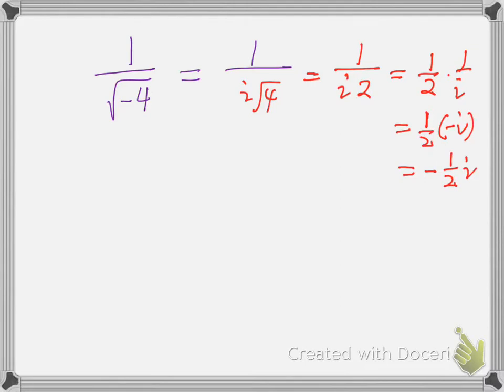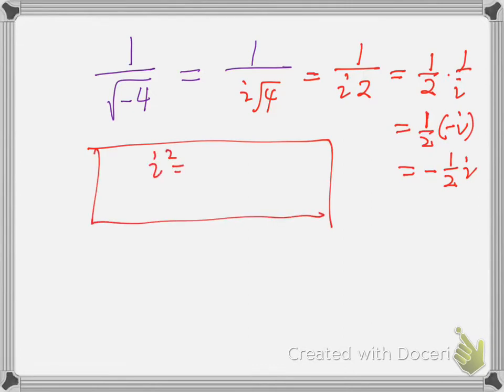So it's very complicated. For division, my suggestion is you should also remember this property. The definition says i squared is -1, so that implies 1 divided by i is -i.